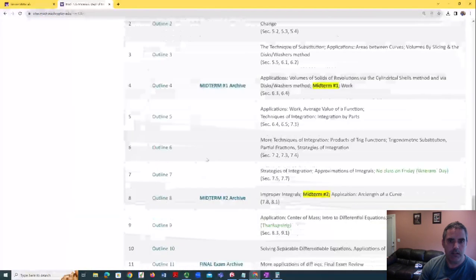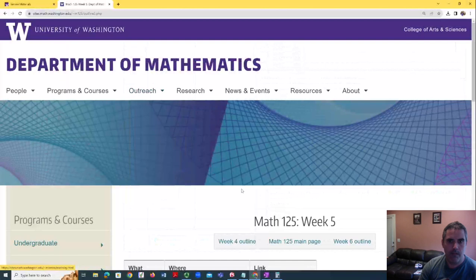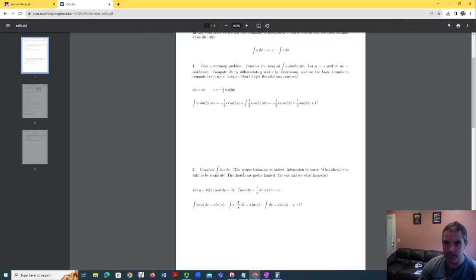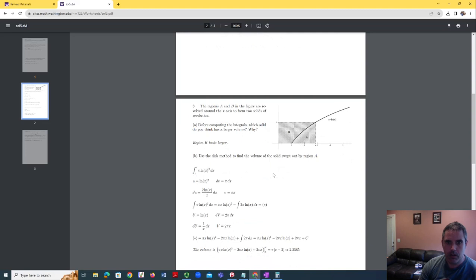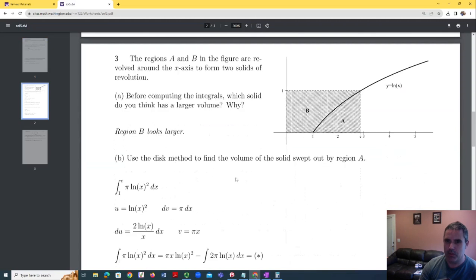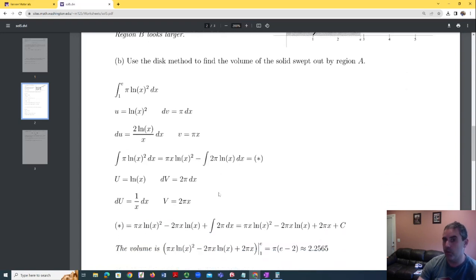And let's see, this was when we did integration by parts here. So this is a problem we all did right here. This is it. It was part of this question where you had to do a volume, but it was the integral from 1 to e of pi log of x squared, and you did this integration by parts. So that's where I pulled that from.